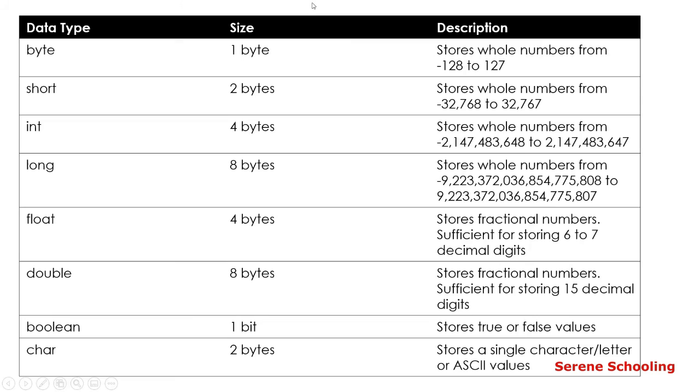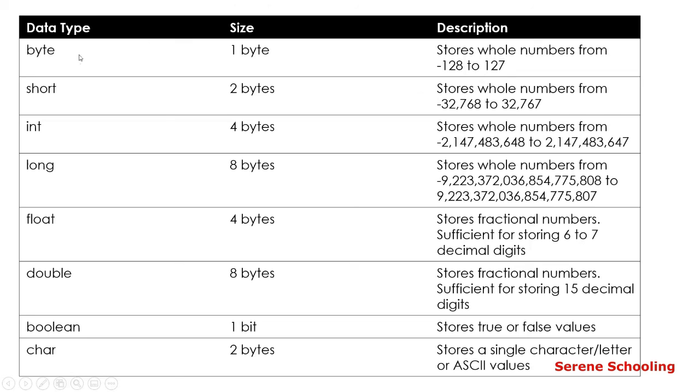Lastly, we need to discuss data types along with their ranges. Each data type has a certain range. For example, the byte data type can only store numbers from -128 to 127. You can't store 130 or 150 in a byte since it's out of range.